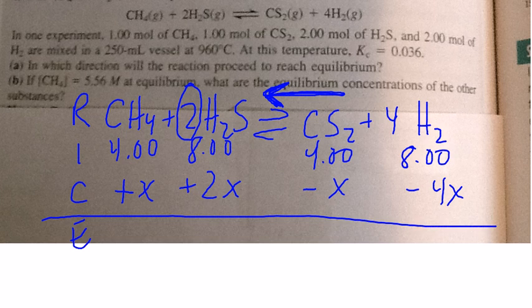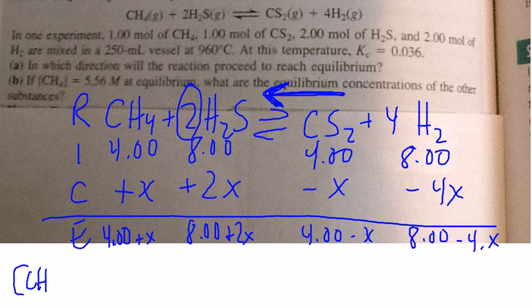So at equilibrium, our methane's concentration is 4.00 plus x. Our H2S concentration is 8.00 plus 2x. The CS2 concentration at equilibrium is 4.00 minus x. And the H2 concentration is 8.00 minus 4x. Now the concentration that we do know at equilibrium, right?